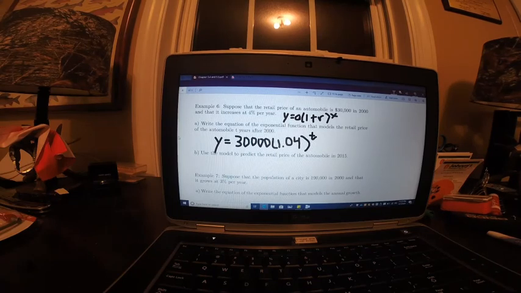B says use the model to predict the retail price of an automobile in 2015. Okay, 2015, we're going to use a t of 15 because 2015 is 15 years after 2000. So now all we have to do is take our formula, go over to the calculator, and solve it out.